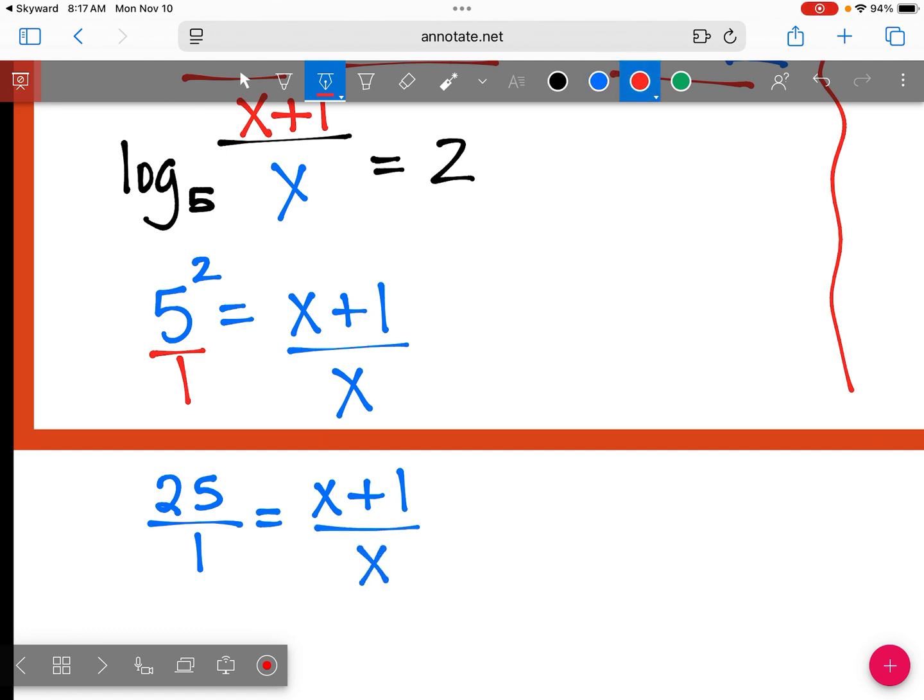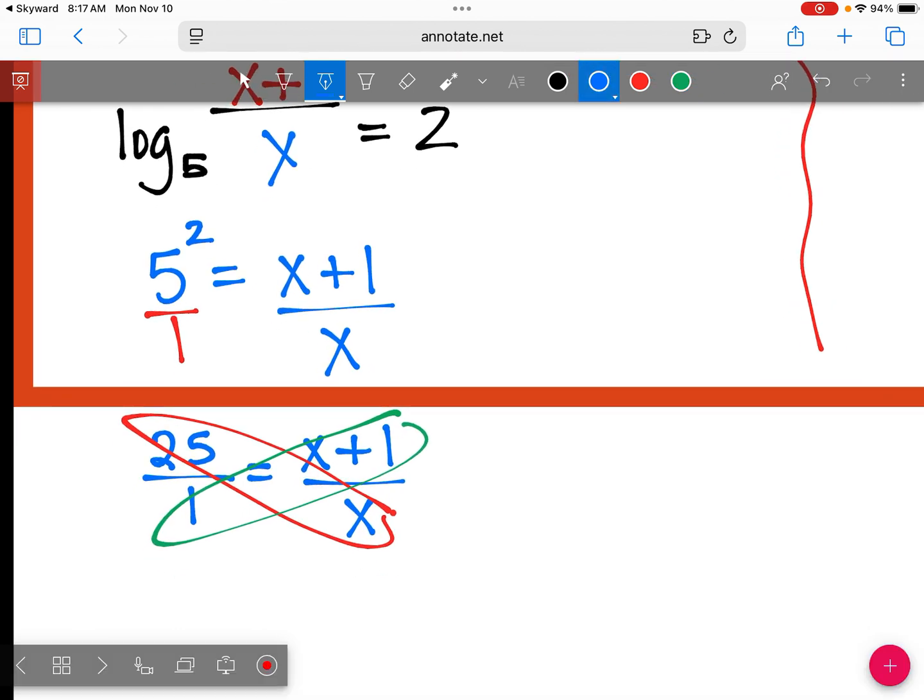And go ahead and cross multiply it and solve it. So 25x equals x plus 1. All right, go ahead and solve it from there. It's a pretty easy equation to solve.